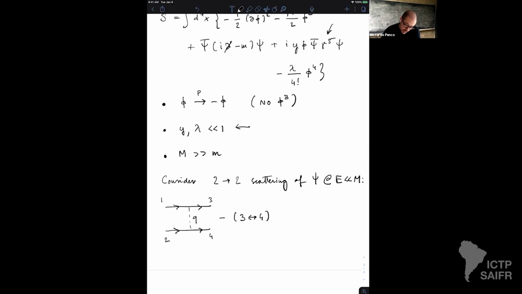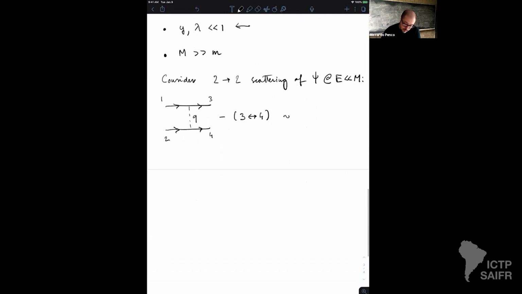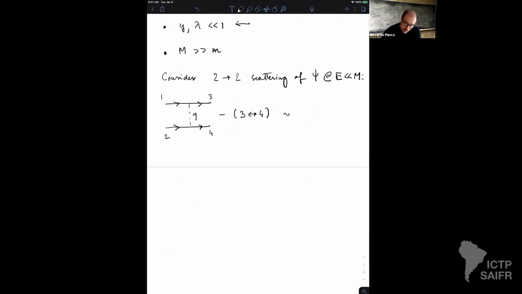So if you write down the corresponding expression for these diagrams, it looks like so. There is a Yukawa coupling squared. I'm going to drop the indices. You can find the correct indices in the notes, but here I'm mostly interested in the overall structure.